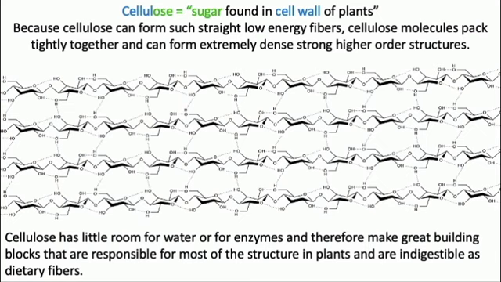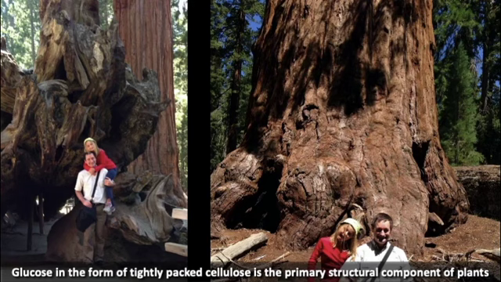In fact, glucose is the most prevalent organic molecule on the planet in a polymer as cellulose, which means specifically that the cellulose form of glucose is the most prevalent molecule on the planet. In what type of role might these really straight, tightly packed fibers form? How about trees? Most of the vegetation you see around you is supported by a lot of cellulose fibers.